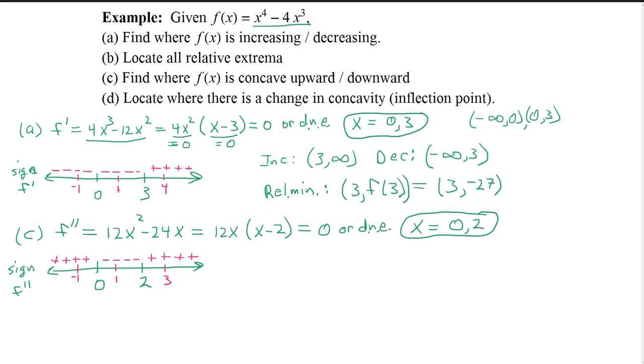So now we can determine our intervals over which we are concave up and down. So the function will be concave up from negative infinity to 0. That's where our second derivative is positive. And we will be concave down.